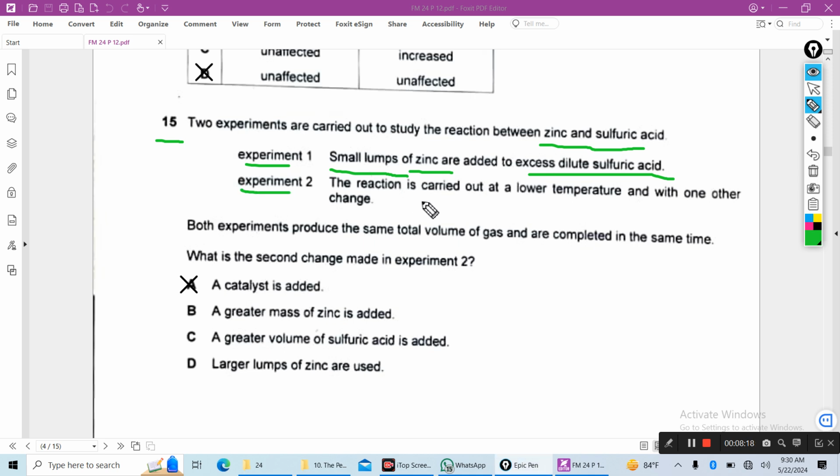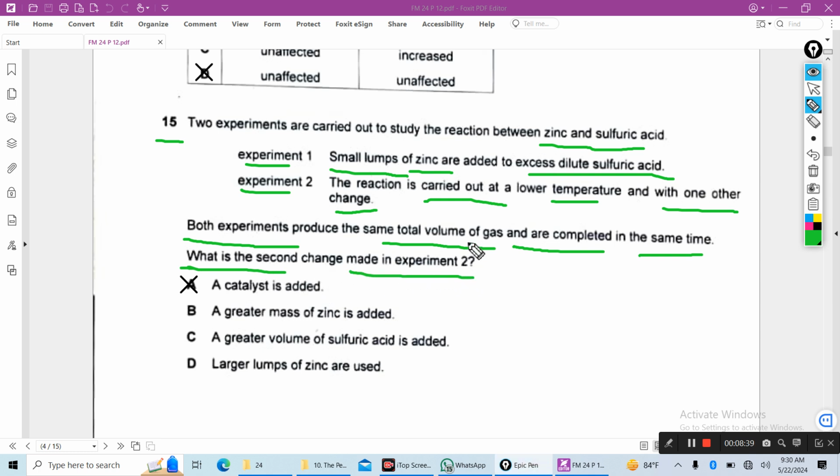Experiment 2: the reaction is carried out at a lower temperature and with one other change. Both experiments produce the same total volume of gas and are completed in the same time. So what is the second change made in experiment 2?